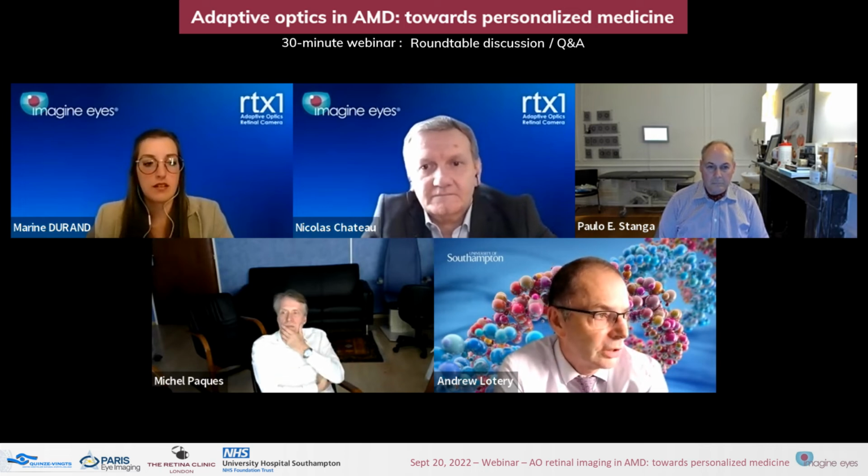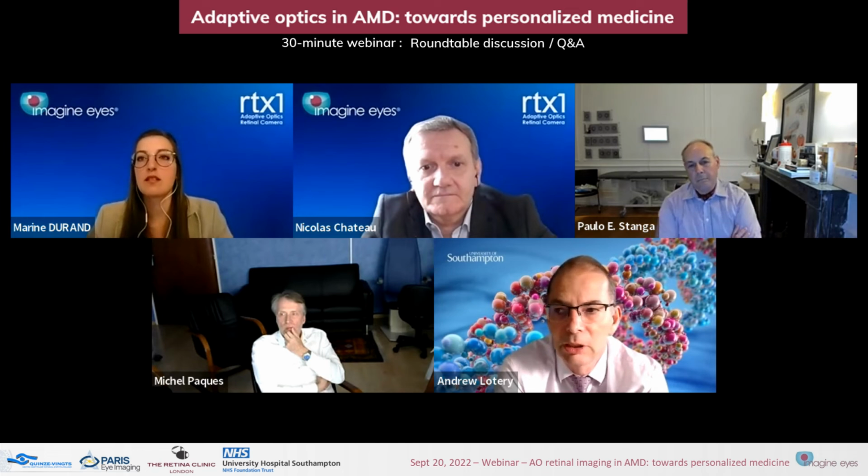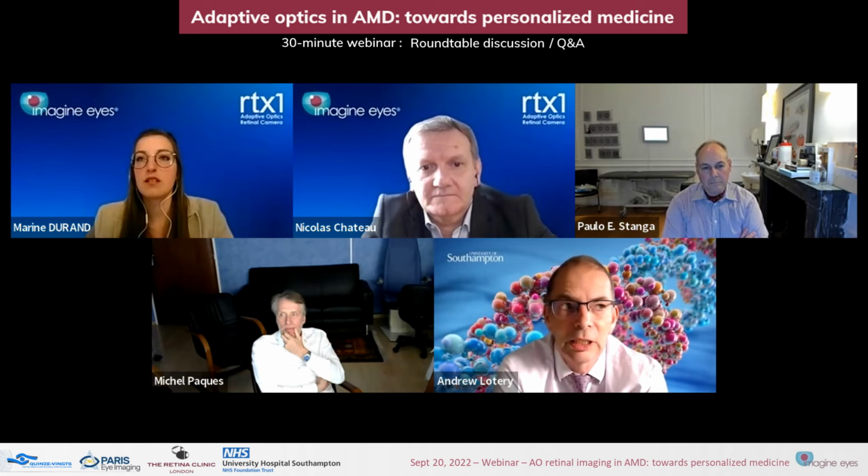what the course of their disease is going to be like, and that could be useful both for trying to detect early progression to disease that needs treatment, and also for selecting patients for clinical trials.